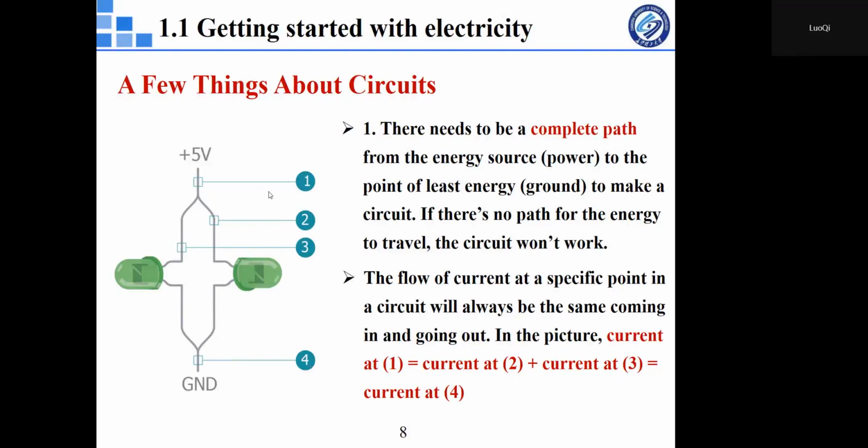Current at 1 is equal to the current at 2 plus the current at 3, and is equal to the current at 4.